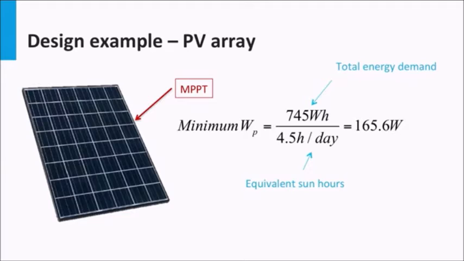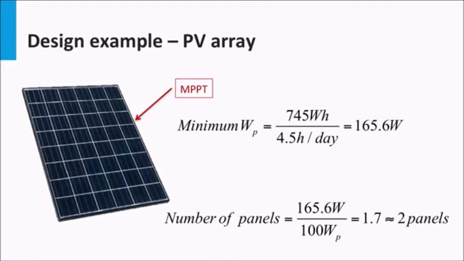We can first calculate the amount of minimum PV power required by dividing the total energy demand at the PV output by the equivalent sun hours. This gives us a power of 165.6 watt. Also, the number of panels could be calculated as shown, which in this case is found to be 2, as the number of panels would always be the upper approximation to a whole number.